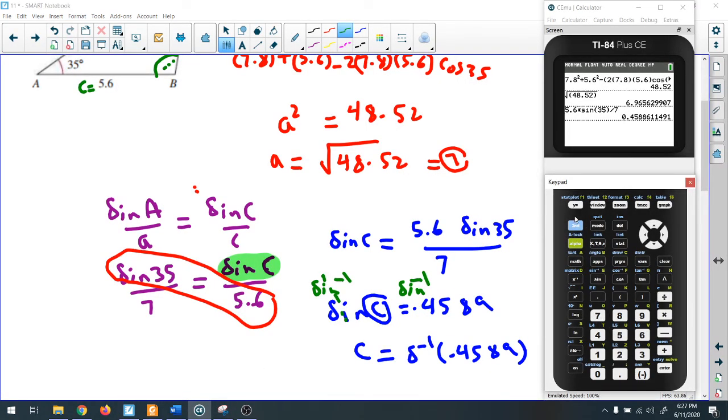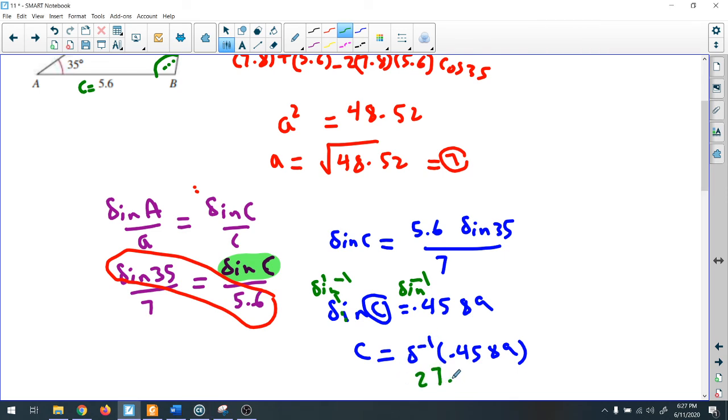Arc sine, second sine, of 0.4589, then our angle will be about 27.3 degrees. That's angle C.